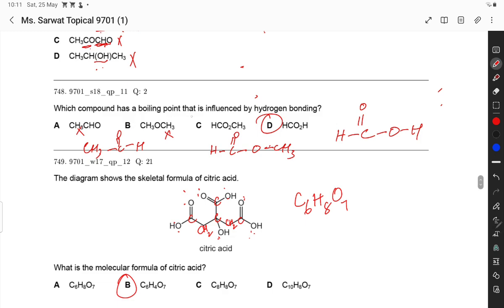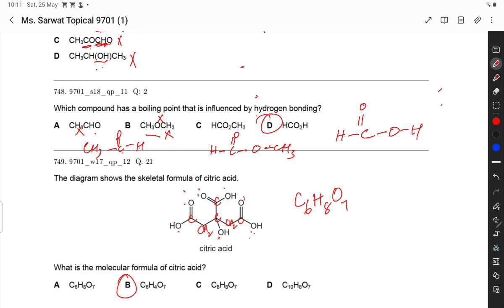Which compound has a boiling point that is influenced by hydrogen bonding? Aldehyde does not have hydrogen bonding because hydrogen is directly linked with carbon, not with oxygen. This is also a ketone, not influenced by hydrogen bonding.